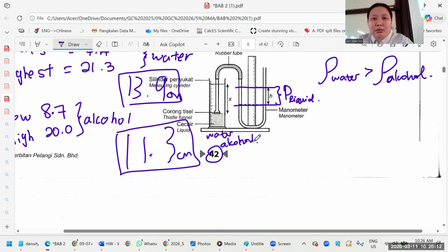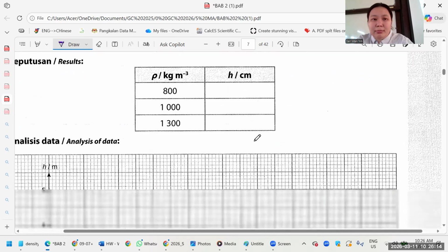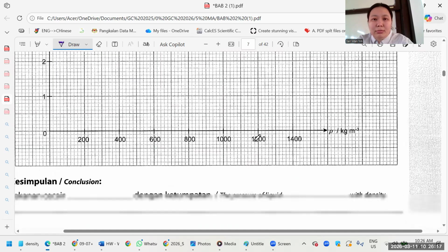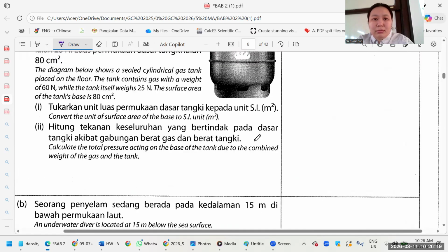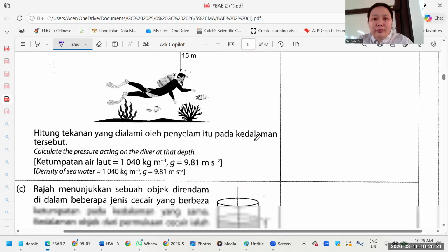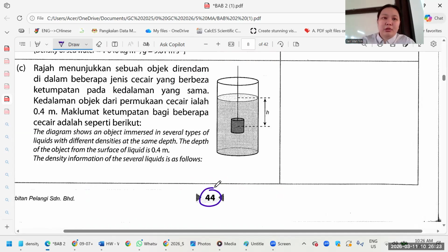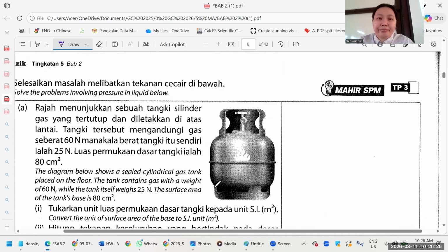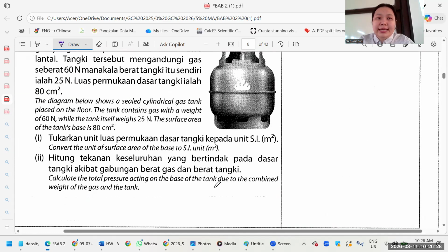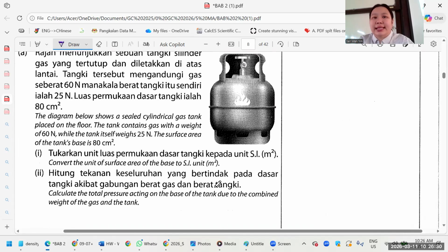Okay, now first we look at page 44. The diagram below shows a sealed cylindrical gas tank placed on the floor. The tank contains gas with a weight of 60 Newton. Jot down already.